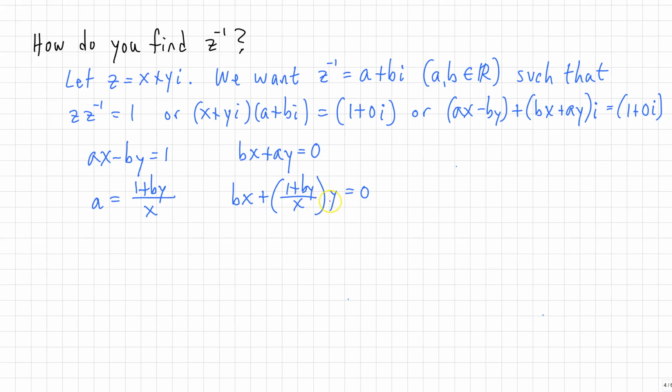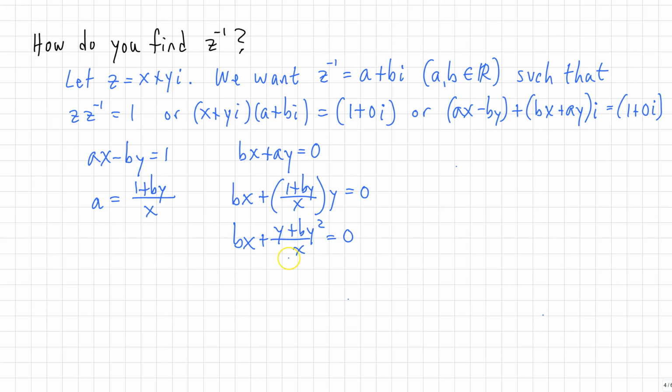So with this equation here, I'm going to start to solve it for b. We're just going to do basic algebra here. So we're going to distribute this y, and let's see what we get. We get bx plus y plus by squared over x equals 0.